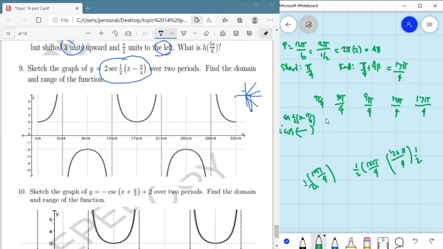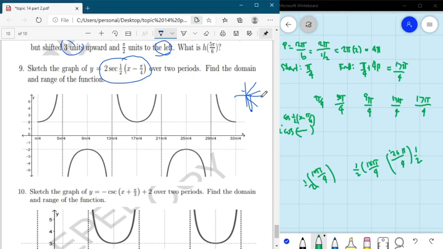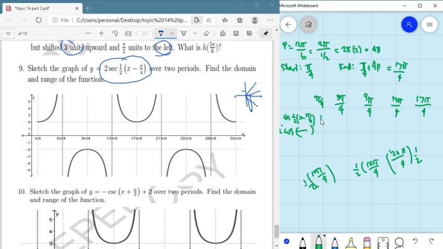So pi over 4 minus pi over 4 is 0, times 1/2 is 0. So cosine of 0 is 1. Then 2 times cosine is 1 times 2, which is 2. So at pi over 4, the value is 2.